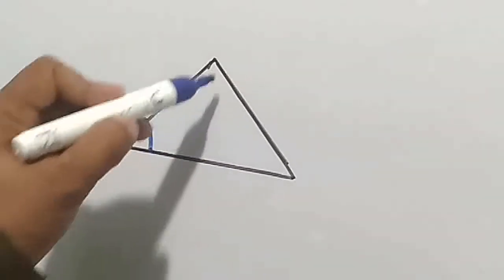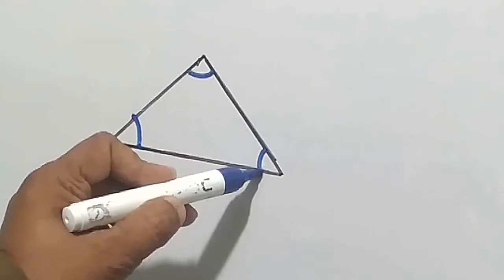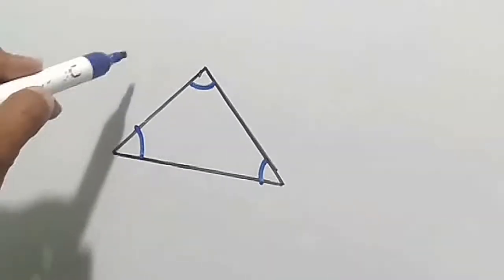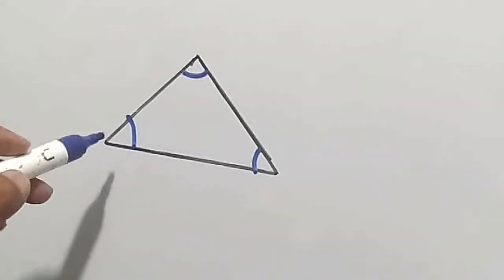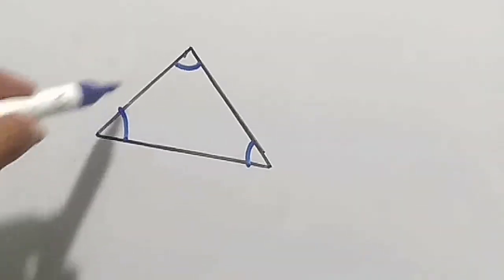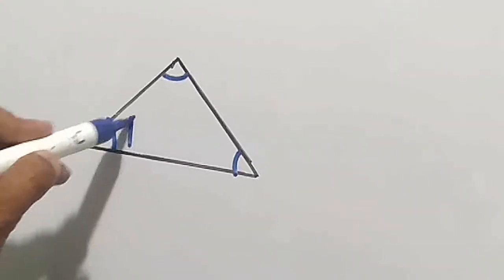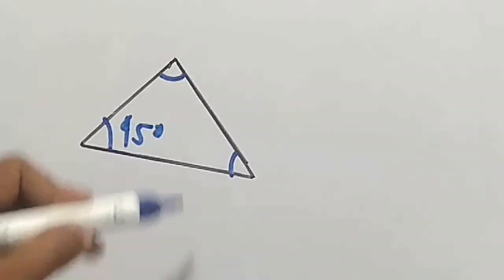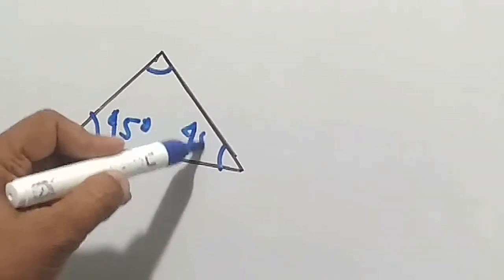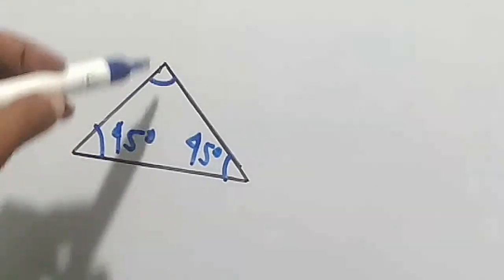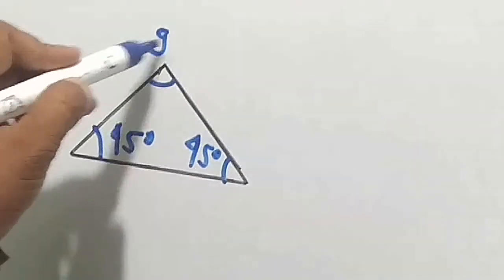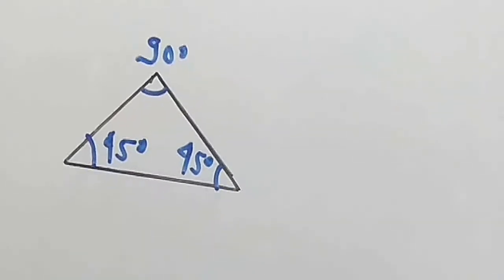If we measure the angles with the help of the protractor, this angle and this angle: the first angle is this, and when we measure it, it is 45 degrees. This is also 45 degrees, and this one is 90 degrees.